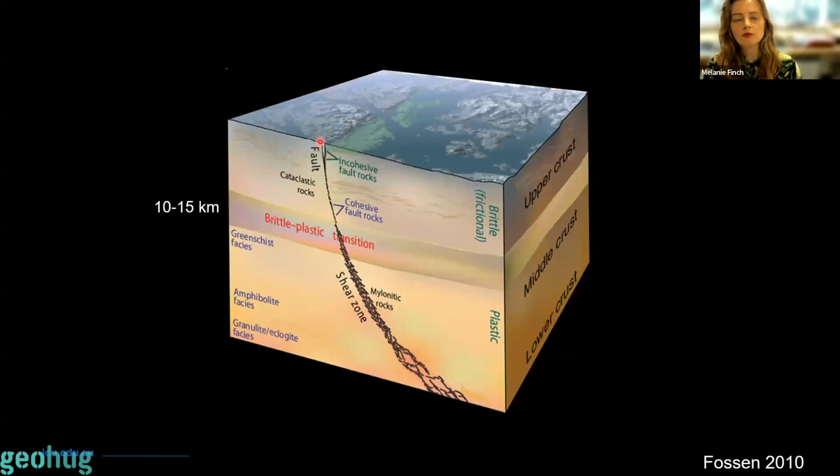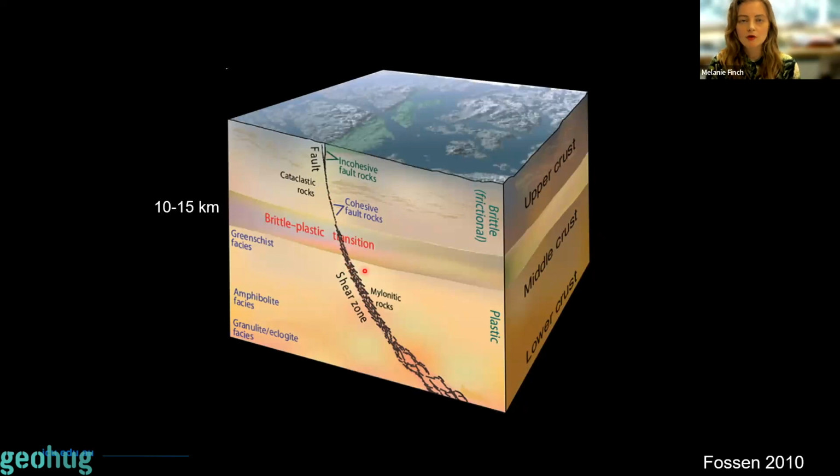Brittle faults are shallow structures that occur in the upper crust, and we are really interested in these because they are often the site of ore deposits as well, and I will be talking a little bit about those today. But what I'm particularly interested in are these zones of distributed but focused deformation that occur at deeper levels within the crust.